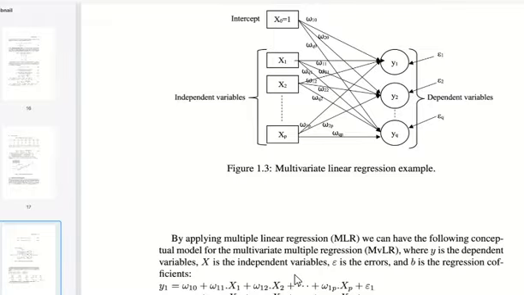But the problem is when you have a large number of dependent variables, q, then it will be very complex, time consuming and costly, and it will occupy a large amount of RAM for computation.